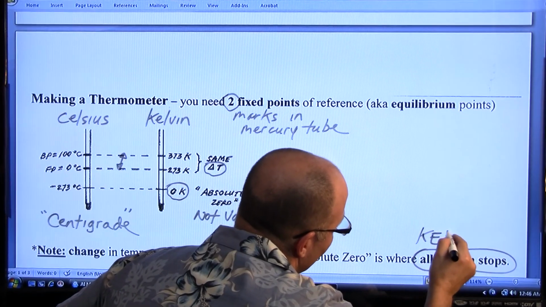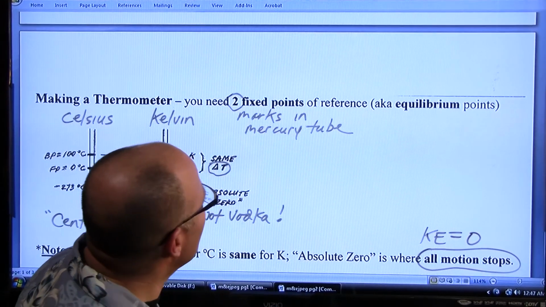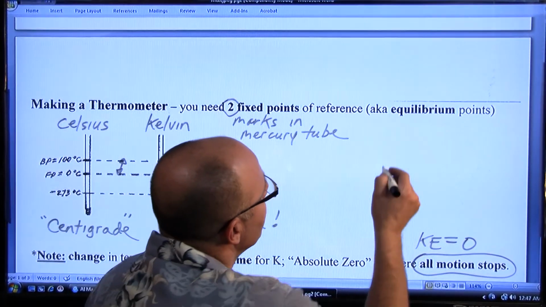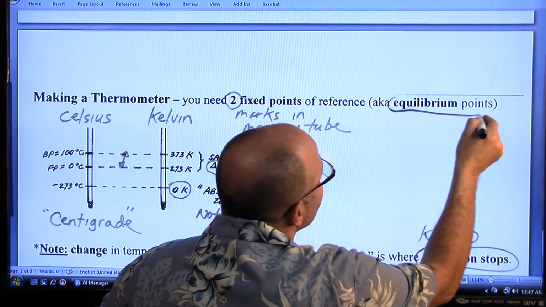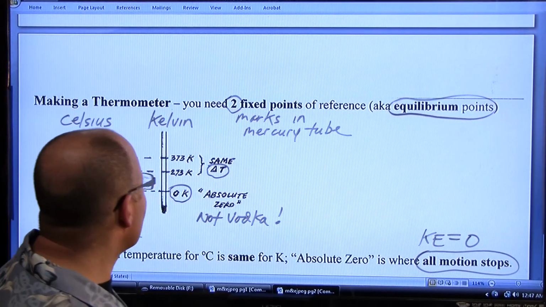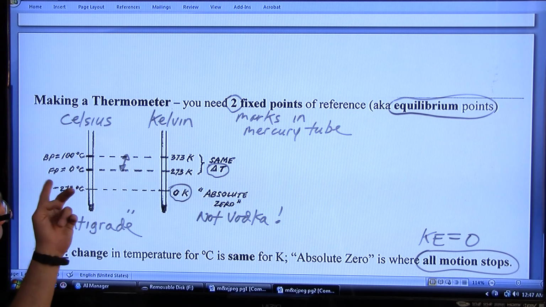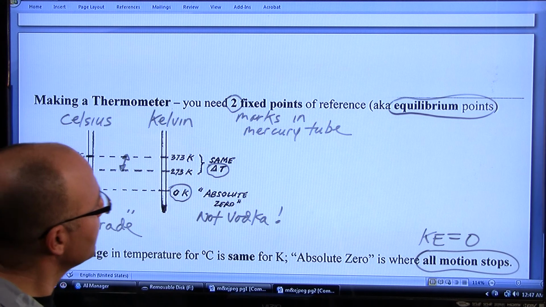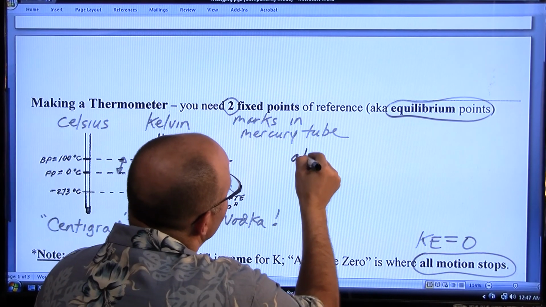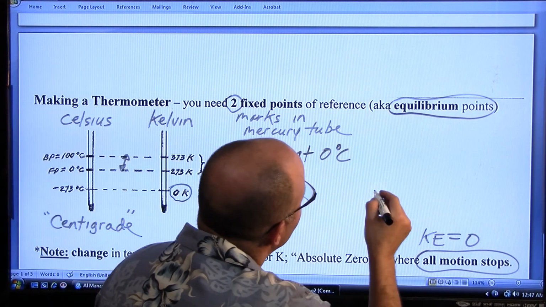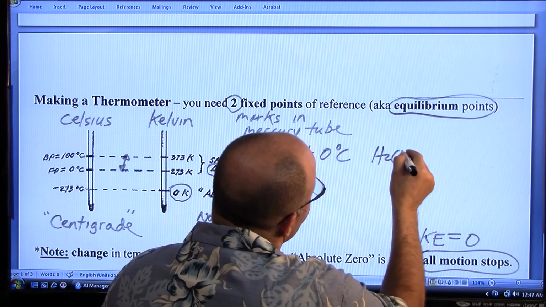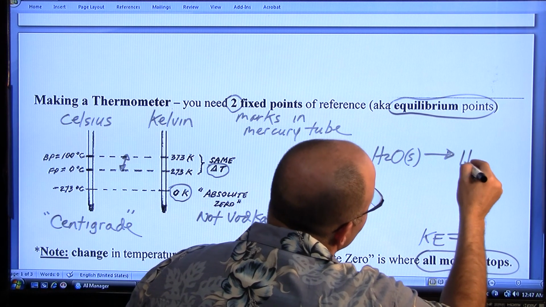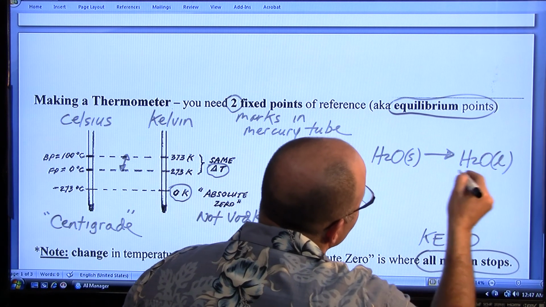Now something else. The fixed points are also known as, aka, equilibrium points. They're known as equilibrium points because at 0 degrees Celsius, for example, both solid and liquid states can coexist. So at 0 degrees Celsius, you can have H2O, solid, in equilibrium with H2O, liquid.